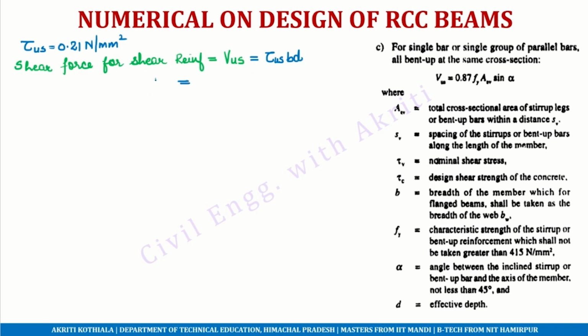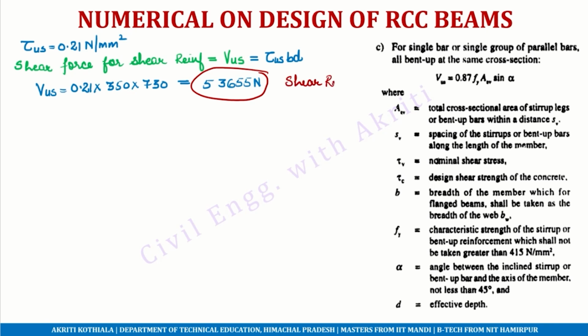Substituting the values, we get Vus is equal to 53655 Newton. So this is the value of shear force to be resisted by shear reinforcement. So we will be providing shear reinforcement corresponding to this value of shear force.